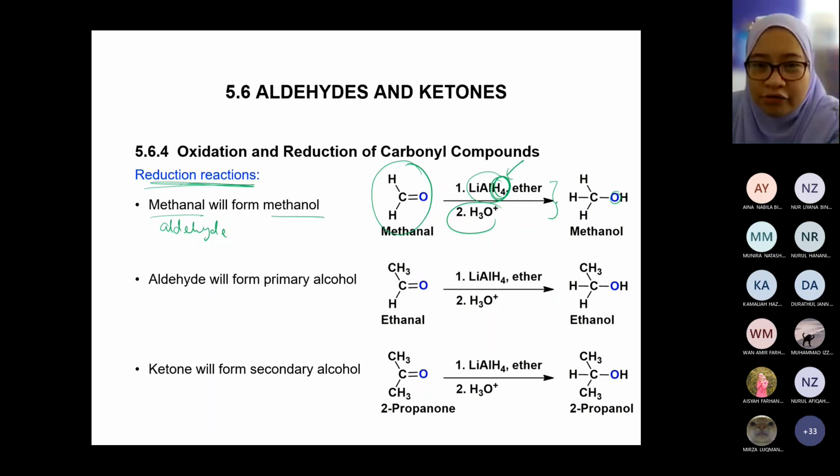For 1 lithium aluminium hydride, it is able to supply 4 hydrogen. So not only that, the pi bond will be broken down, so dia tambah lagi 1 hydrogen. Ni baru menunjukkan dia reduce. Kalau oxidation last time, dia tambah oxygen. Okay, so these are the condition for reduction lah yang you kena memorize.